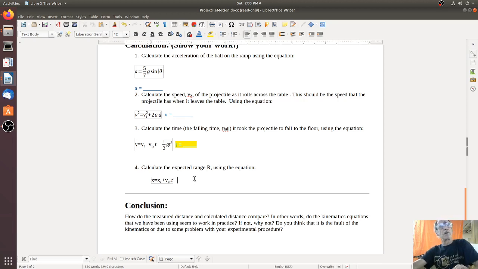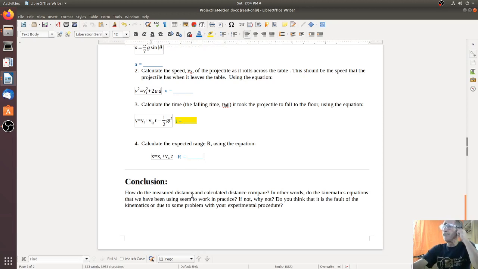So I would calculate r from this. That's going to be the x horizontal distance the ball goes before it hits the ground. Put it in blue. I'd show my work how I did that.